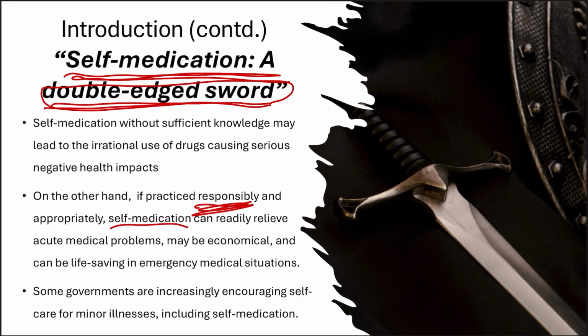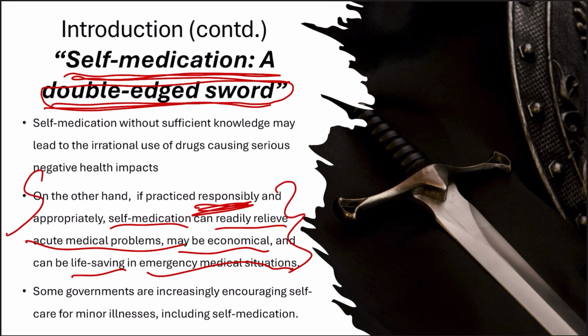Self-medication can be used readily to relieve some acute medical problems, and this might be economical for the individual, because he or she doesn't have to go to the hospital. Sometimes self-medication can even be life-saving in emergency medical situations. In that case, it acts as a benefit for the individual.